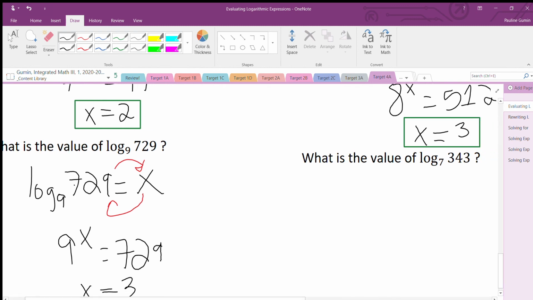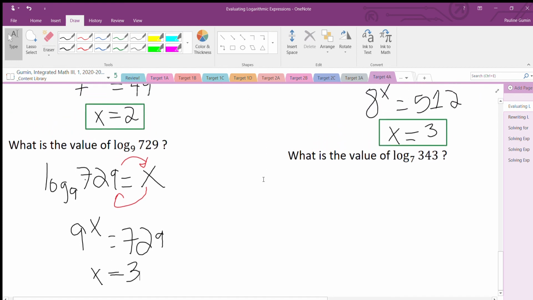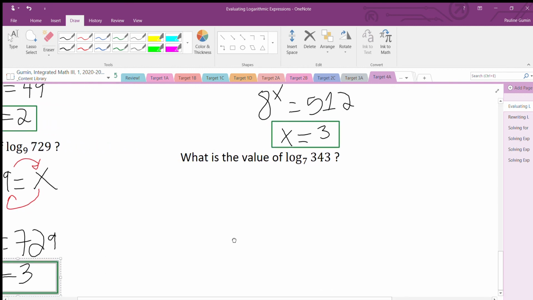I know 9 to the power of 3 is 729. I don't know why I didn't have 8 to the power of 3 memorized, but I had 9. Go figure. However, you don't have to be a math nerd like me. You could simply type into Google log base 9 of 729 and get your answer.